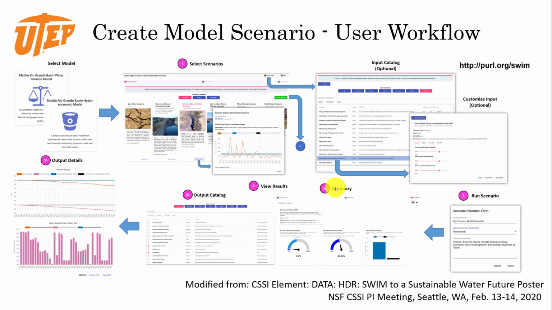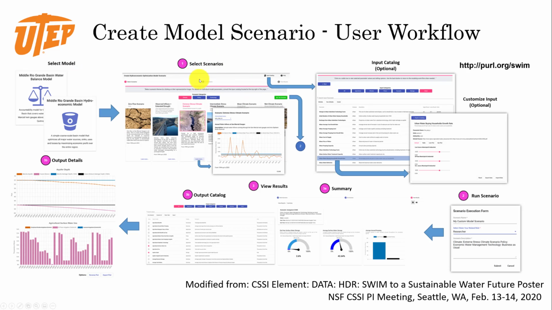Now on this very convoluted slide, this is kind of a big overview of how the different steps in the workflow are done through SWIM. So like I mentioned before, first the user needs to select the model.